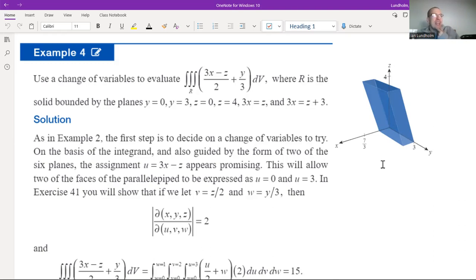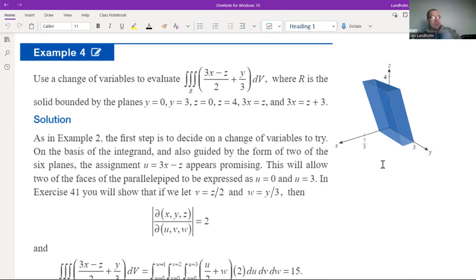Maybe that could be alleviated if, well, it looks like the top and the bottom are parallel. So possibly integrating with respect to x first or with respect to y first might get you a shape where the top and bottom bounds aren't changing as much.